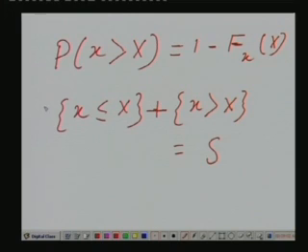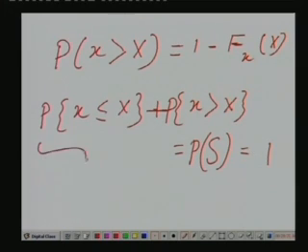P of these and P of these equal to this, because they are mutually exclusive. So P of this total set can be written like this, but since it is a total event, the most certain event, its probability is 1. So this follows immediately, because this is nothing but F_X(x).